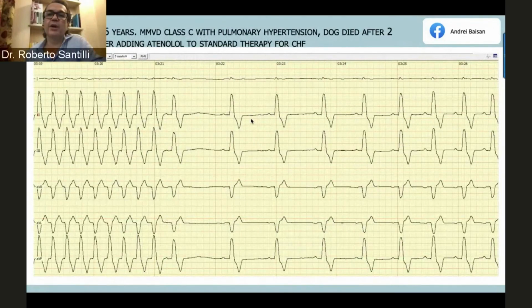This is a good point, Andrei, because this is a focal atrial tachycardia in a dog with AV block, with intraventricular conduction block, actually a severe conduction block. Here, if you use mainly either atenolol or sotalol, I don't think it's a good choice, because we can actually induce a more advanced block.